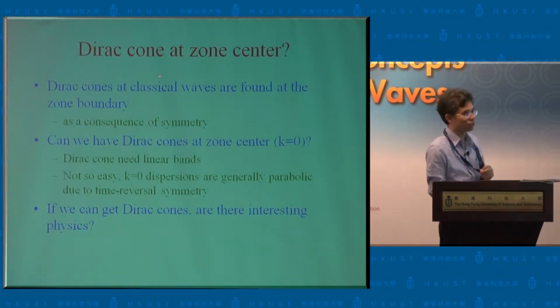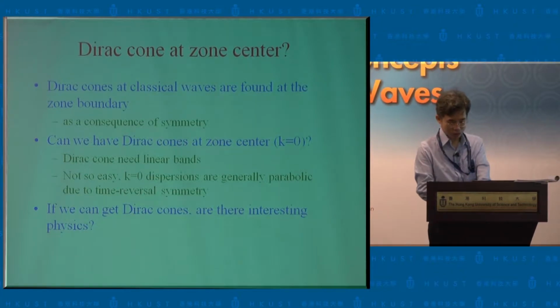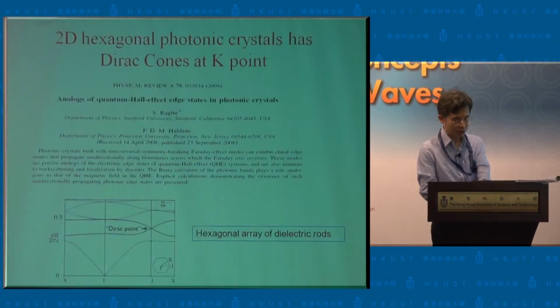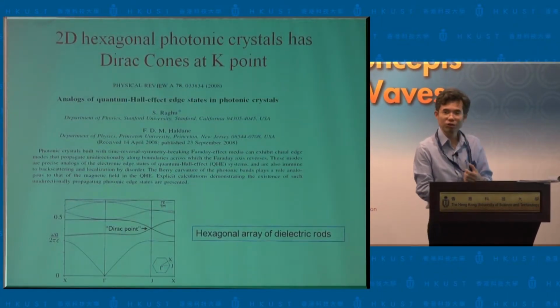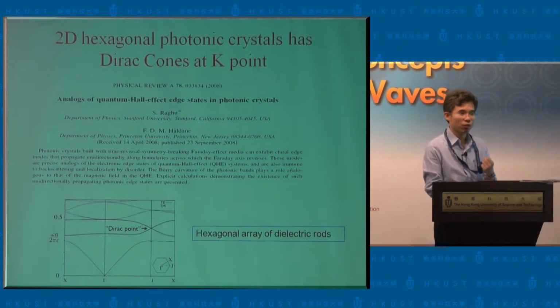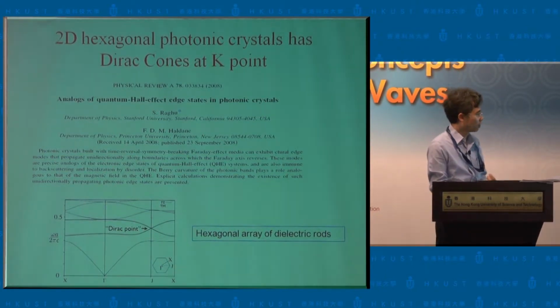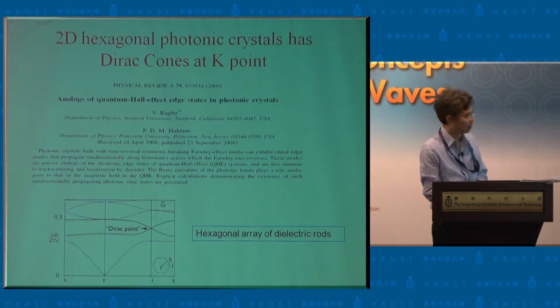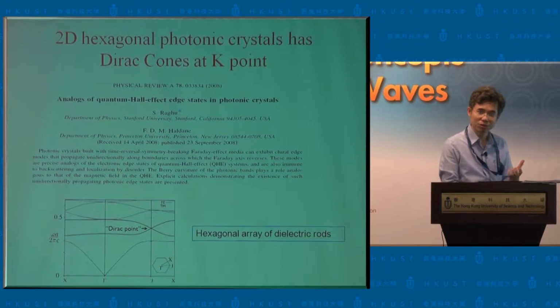And this is not so easy, because for graphene, photonic crystals, or phononic crystals, if you have a hexagonal or honeycomb lattice, you are almost guaranteed to have a Dirac cone at the zone boundary, at the K point in particular, because that comes from the lattice symmetry.